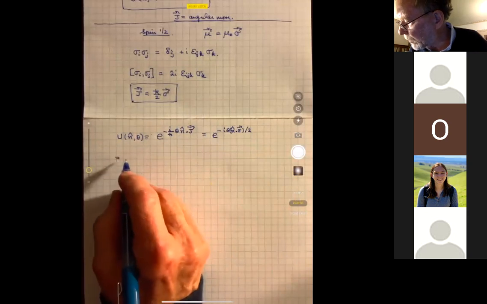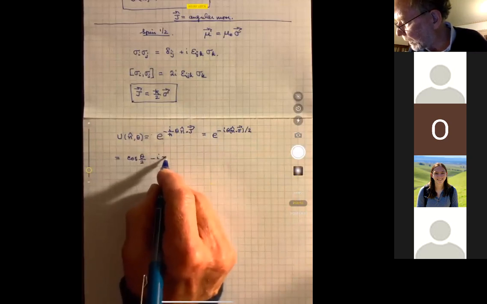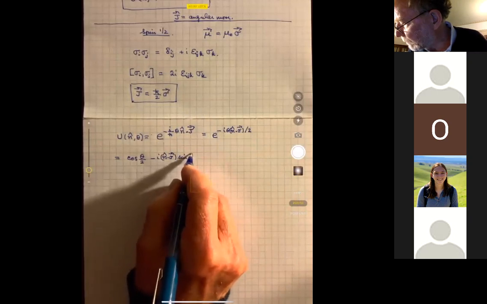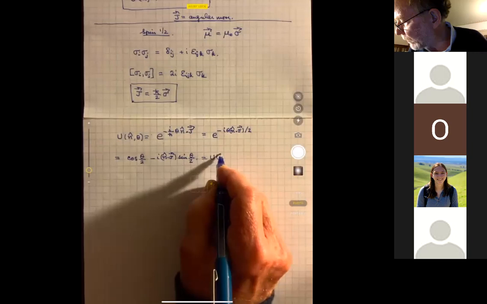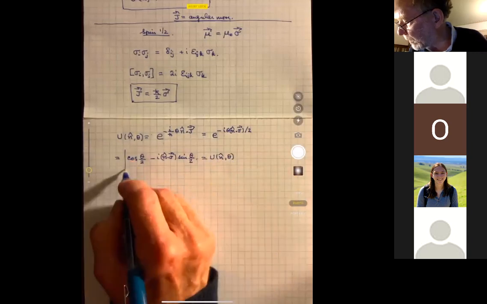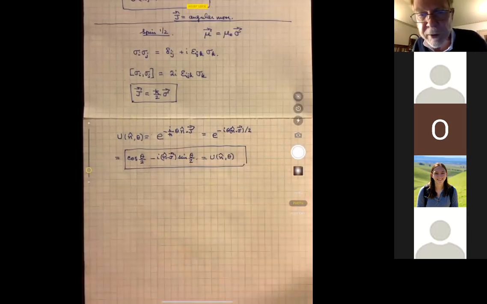And again, by the very first homework exercise, you work this out. This is cosine of theta over 2 minus i n hat dot sigma times sine theta over 2. And just write this out. This becomes U of n hat comma theta. Let me box this because we have now got an explicit formula for the rotation operators for spin 1/2 systems.